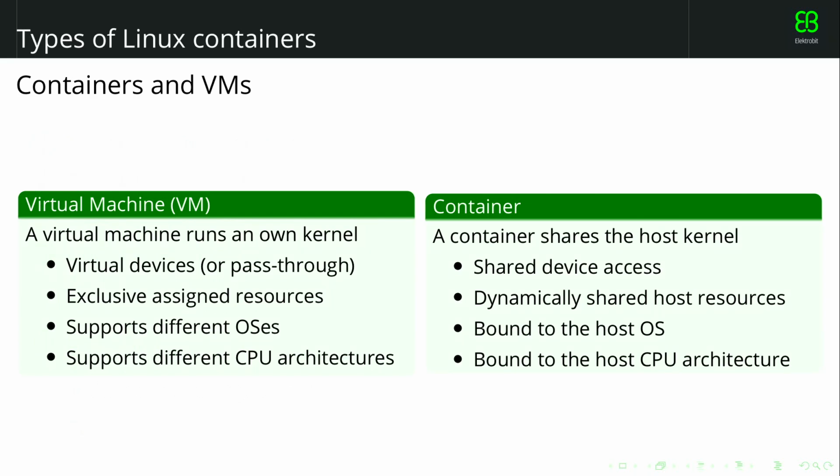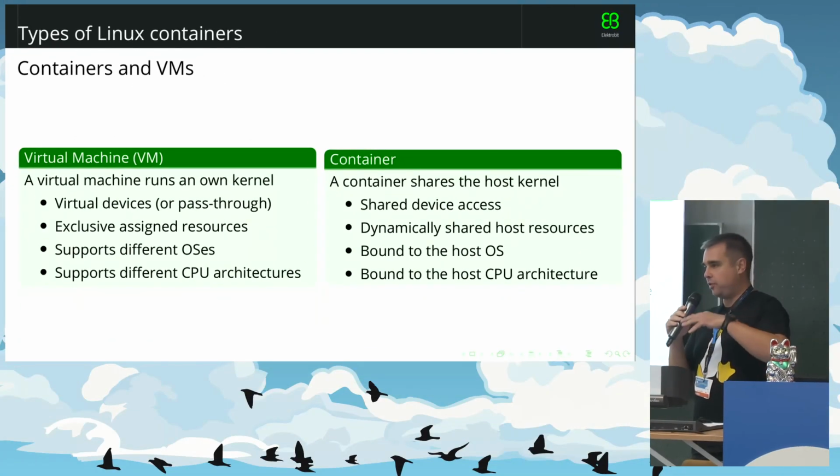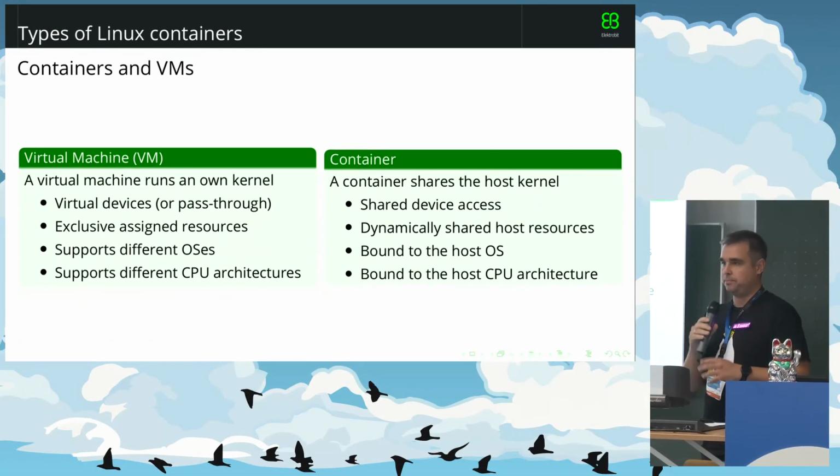Good, then. Now you have an idea how containers work, and let's take a look at how to use them. To understand the beginning, we need to understand the difference between a container and a virtual machine.